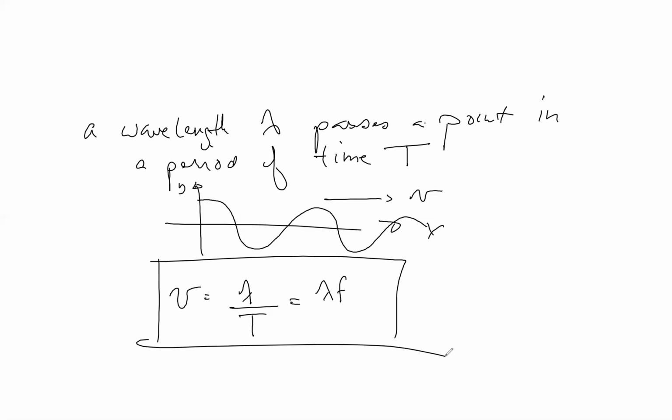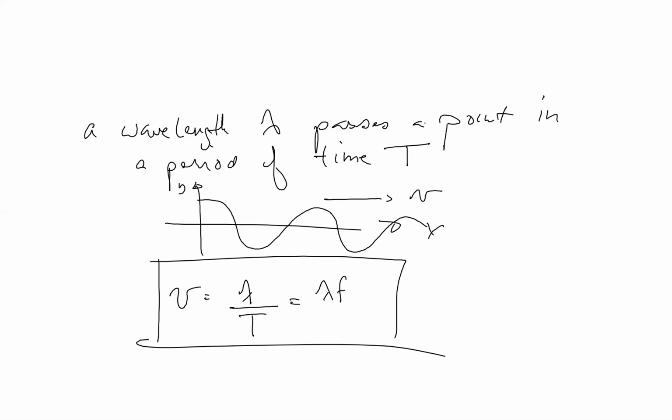I just put the frequency in because I had 1 over T times lambda. This is an important expression, which describes the speed of propagation of mechanical waves, like sound or vibrations in a surface. It also describes the speed as a function of lambda and f for electromagnetic radiation as well.